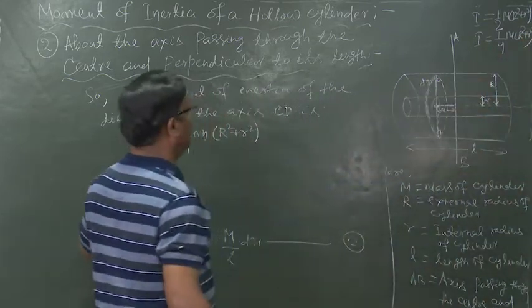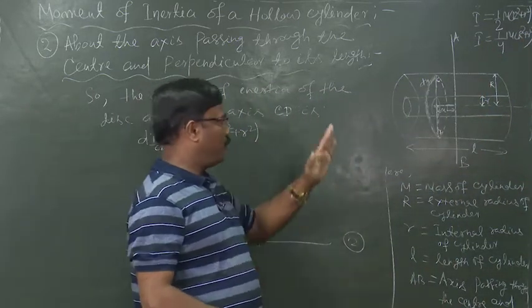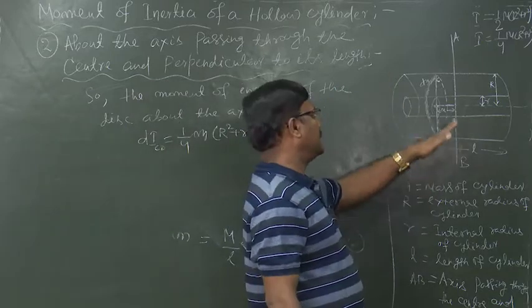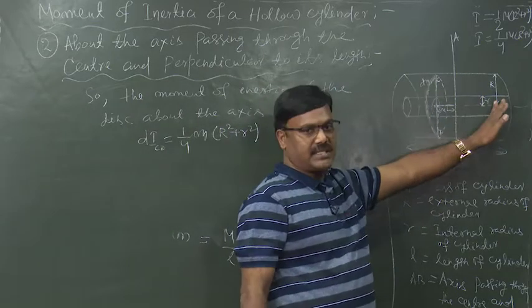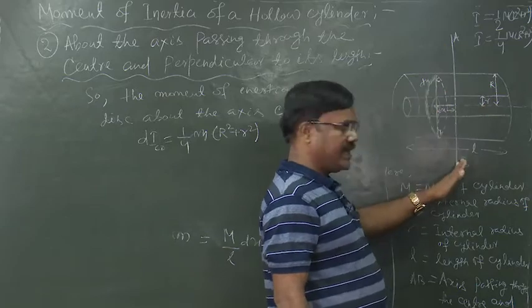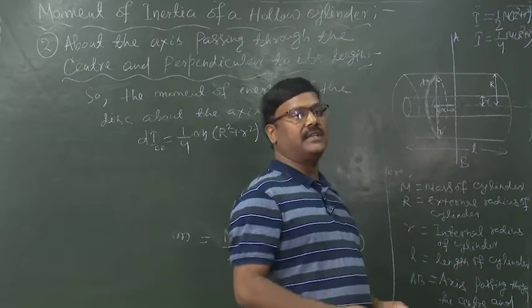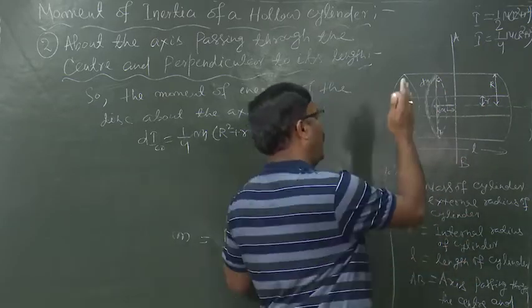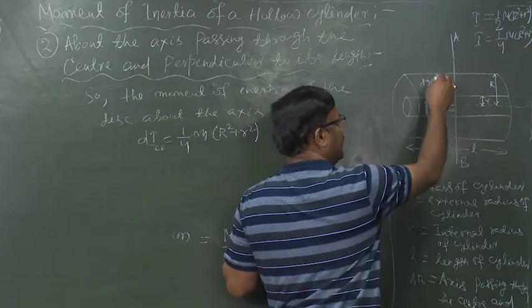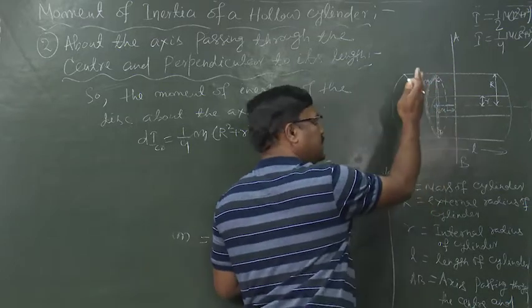And here what we have done to find the moment of inertia of the circular cylinder about the axis AB is to find first the moment of inertia of a circular disk about one of its diameters CD.